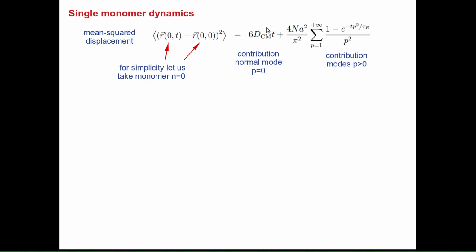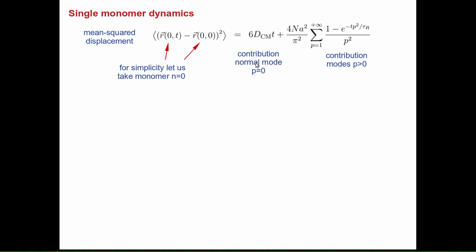So you have one contribution that comes from normal mode p equal to 0, and one other contribution that comes from modes p larger than 0. This is what you do, using the same strategy as in the previous slide.